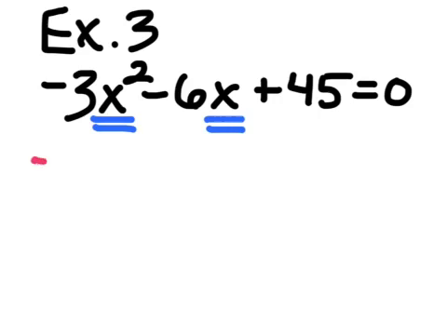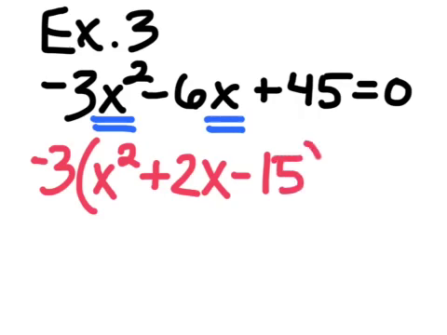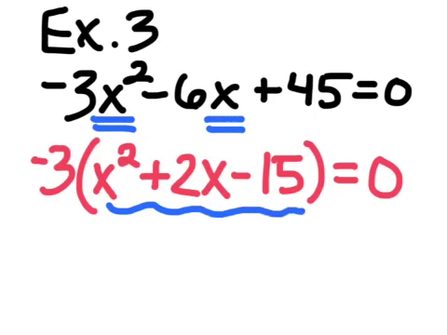So I'm going to go ahead and factor out a -3 from each term. So that leaves me with x squared plus 2x, and then positive 45, if we divide out by -3, we get minus 15 equals 0.